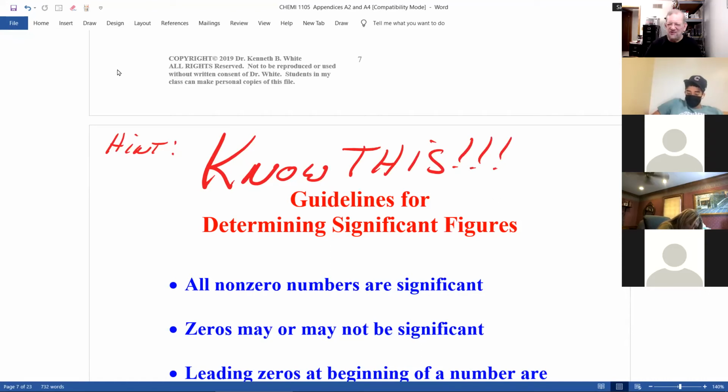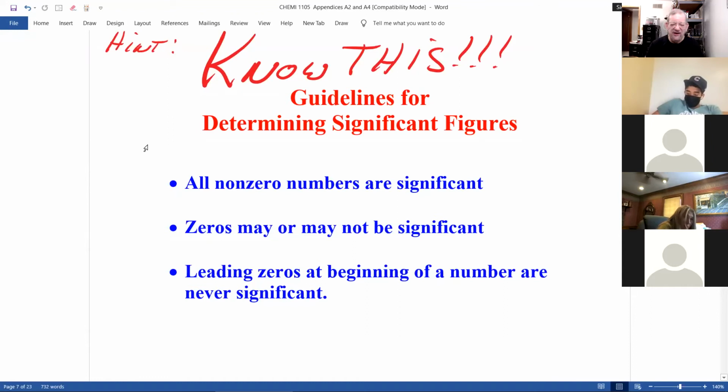Isn't it nice I can be subtle? And know this. Now, I'll never ask you what are the definitions for determining significant figures, but I will ask you to know how to use this. All right, let's go through this.